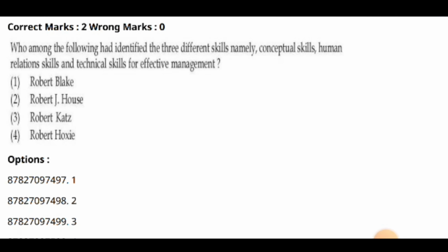There can be questions like how Robert Katz divided the different skills, name them, and they will give you options like that. So you have to remember the conceptual skills, human relation skills, and technical skill.